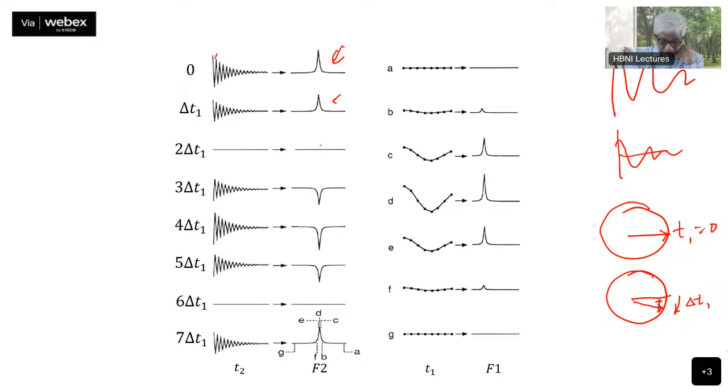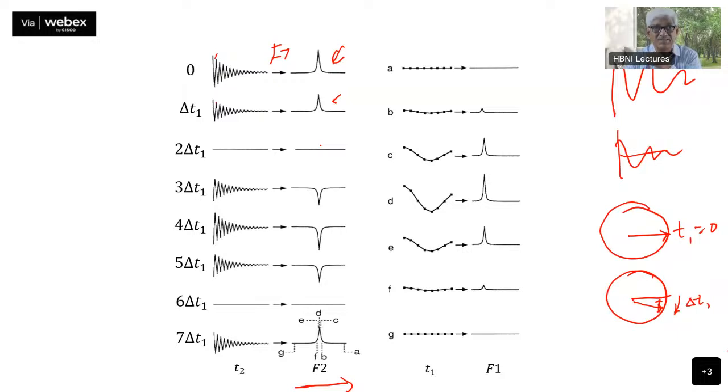Now you have here various spectra. Let us look at the spectrum here, F2, after Fourier transformation. This is after the first FT. What I collected is the data, and the F2 Fourier transformation gives you the F2 domain spectrum.